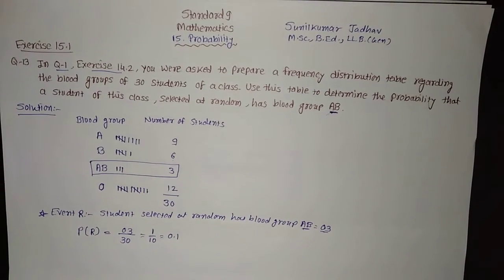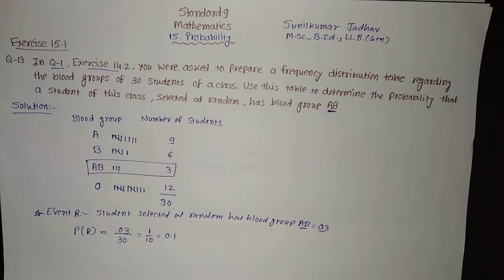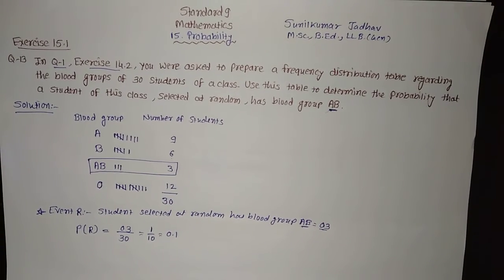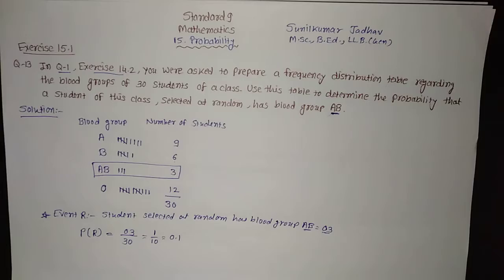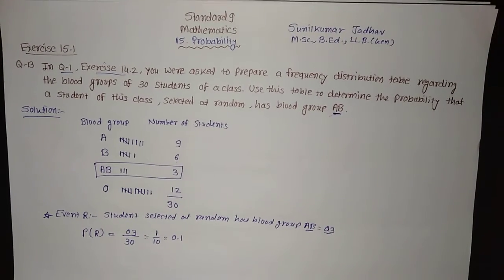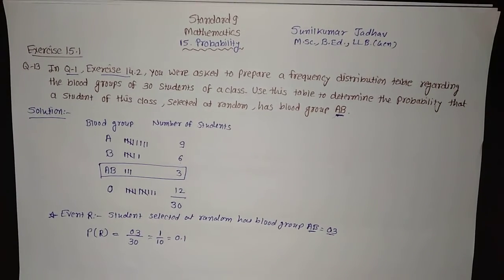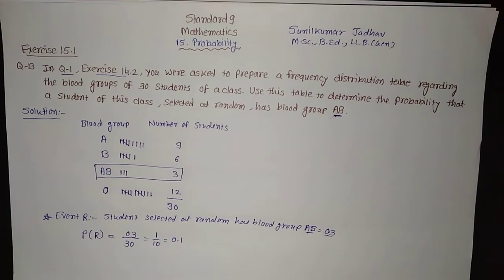I hope you have understood the entire chapter on probability. Next, I'll give you an assignment to solve other sums related to the same chapter. So I hope your concept of this chapter is clear, and I have shown you all the sums of 15.1 with proper solutions.